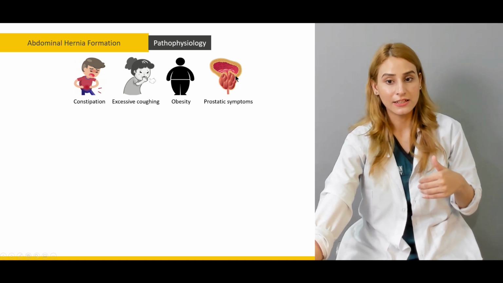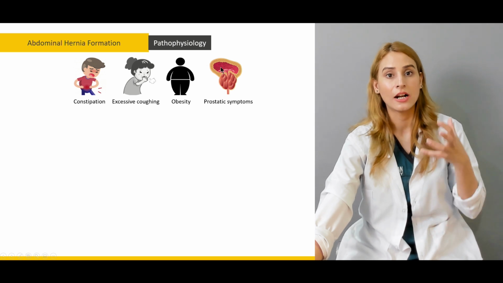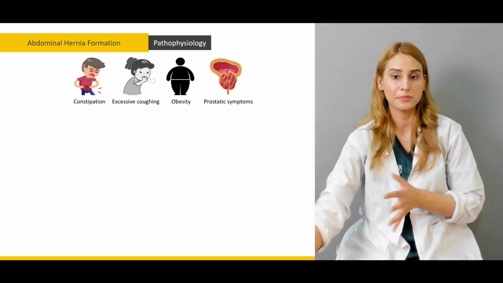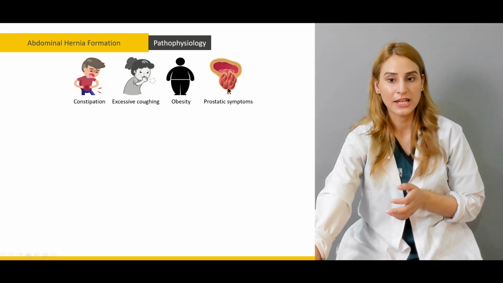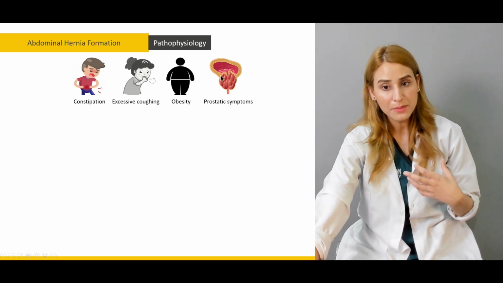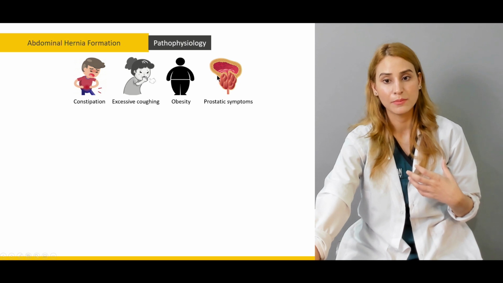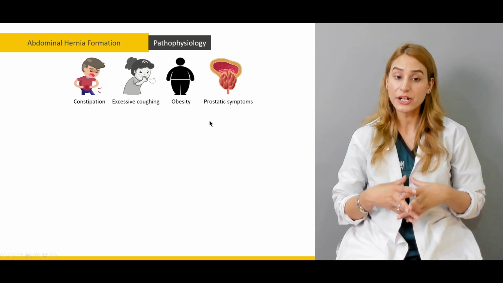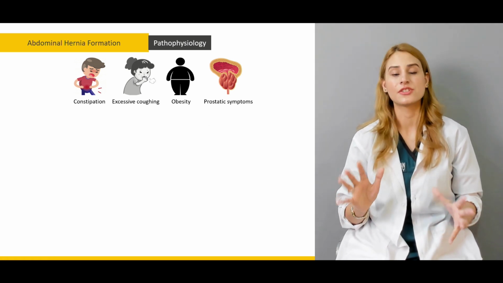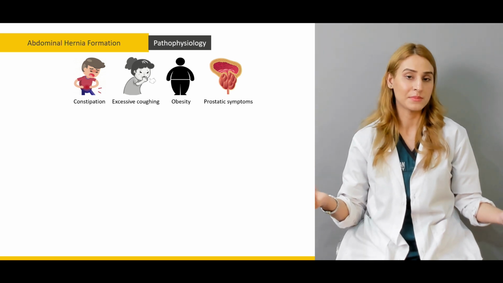Whenever the lobes of the prostate are increased in size, in benign prostatic hyperplasia, they compress this urethra. Whenever this urethra is compressed, there's a back pressure of urine into the bladder, and this dilated full bladder increases the intra-abdominal pressure. So the basic pathophysiology is an increase in the intra-abdominal pressure.